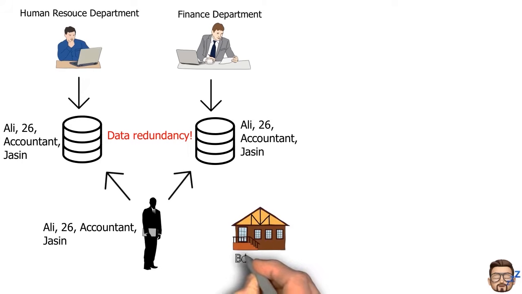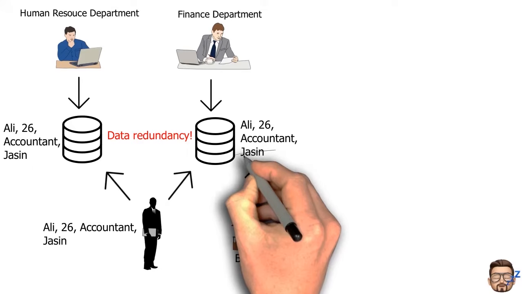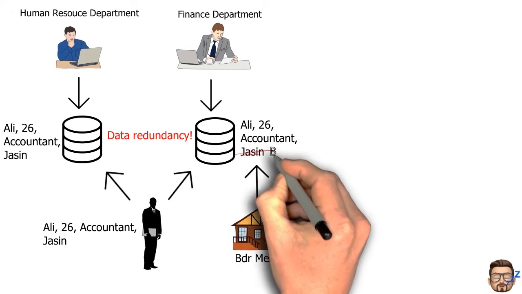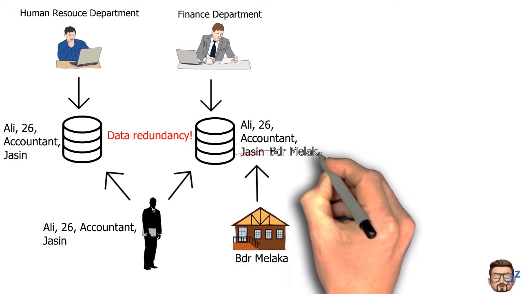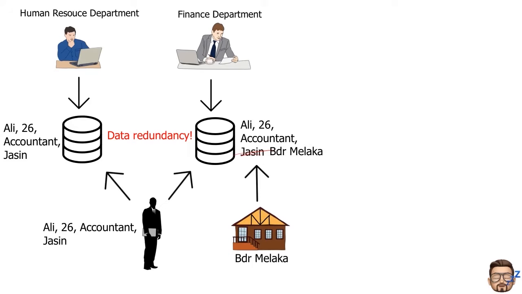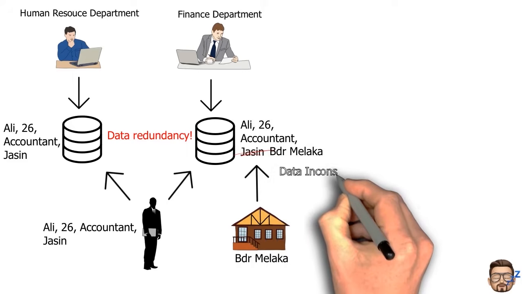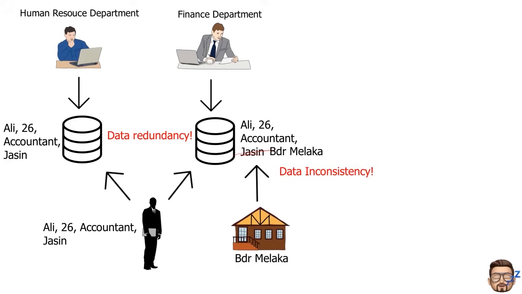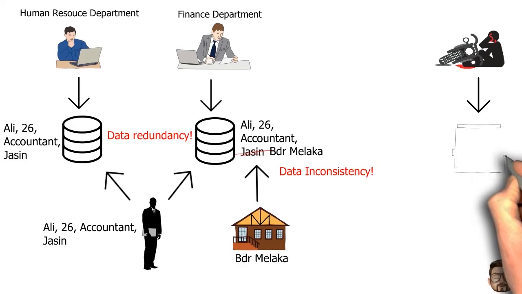After a few years of working, Ali bought a new house which is nearer to the office. Of course, Ali will tell his colleagues from the same department about his achievement. Then, the clerk in the finance department updated Ali's address in their database. The same person's data, but with different values in the database. That's what we call data inconsistency. One day, Ali had an accident and was sent to the hospital.